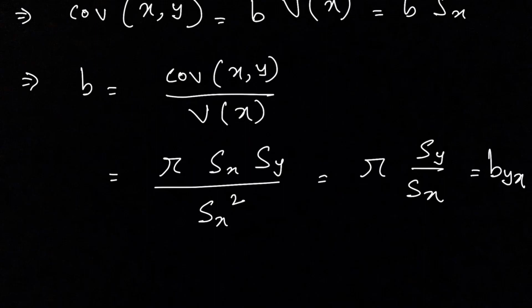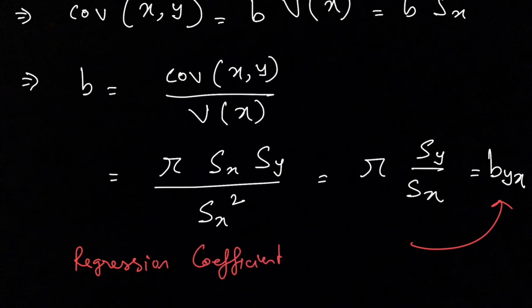byx, and it is called, let me just write it for you guys, regression coefficient of y on x. You can easily remember it in this way: since y on x, y is on x, like that you can remember it.